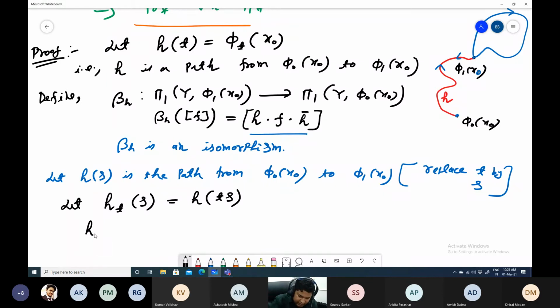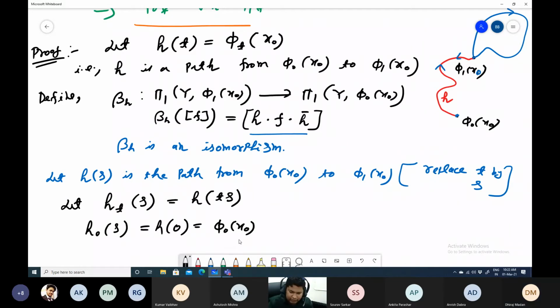Now what is then h0 of s? What is h0 of s? If you put t equal to 0, that means it is h0, constant, e sub phi 0 x0. This is just a point, so it is just this. Okay, I am writing, right. We had that e symbol for identity earlier, so I will use that.